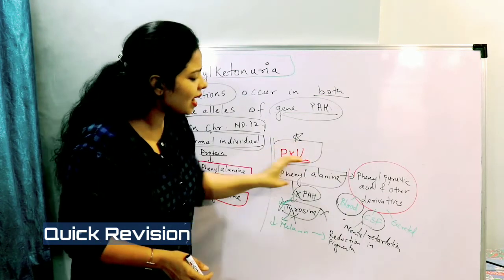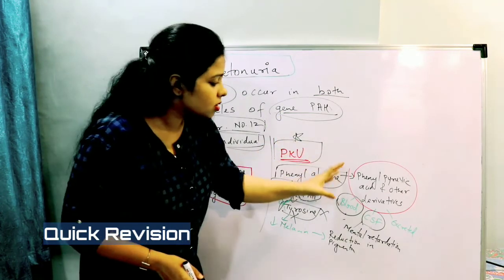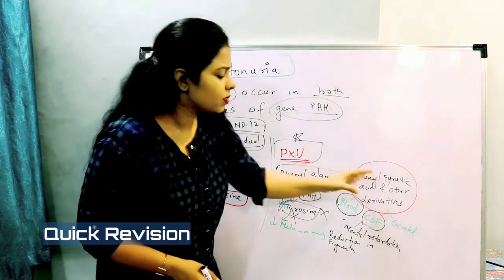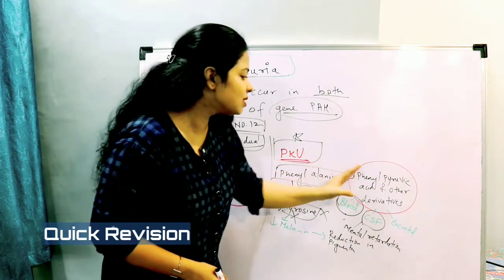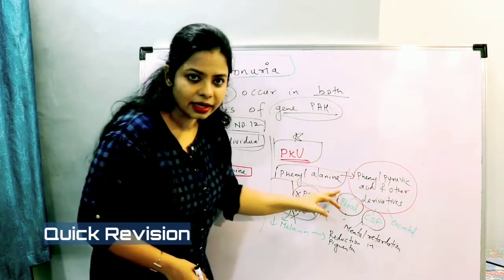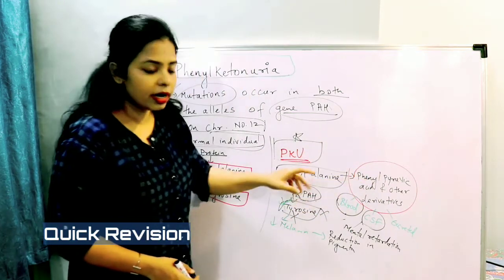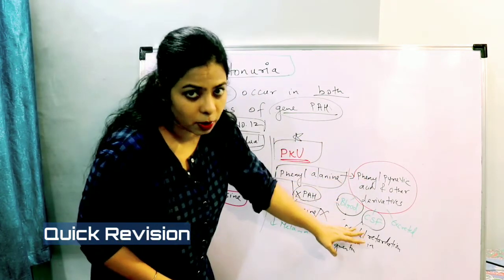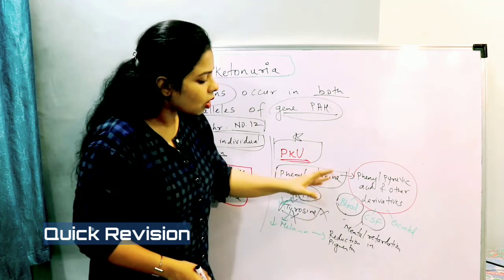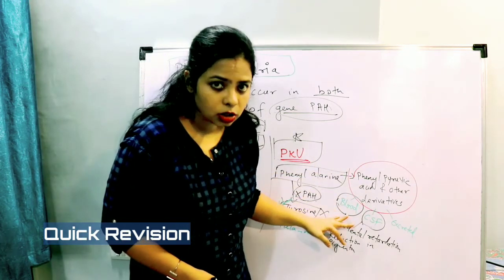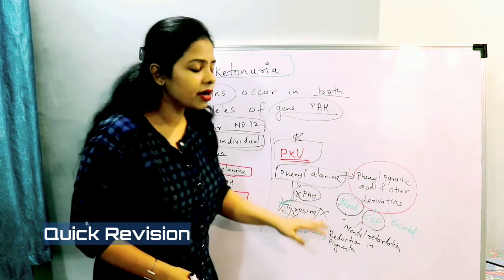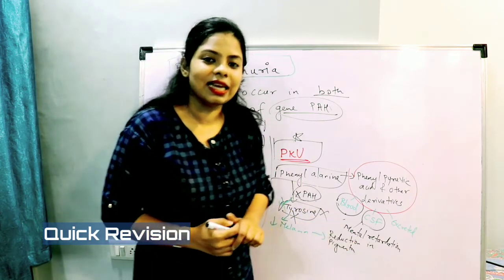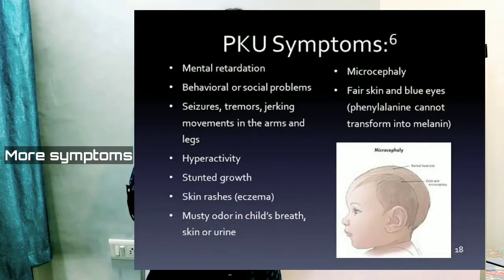Now phenylalanine accumulates in the form of derivatives as well as its original form. Its derivative, phenylpyruvic acid, and other derivatives accumulate in blood and cerebrospinal fluid of the brain. It causes mental retardation as well as a reduction in pigmentation in both skin and hair. I hope you guys have understood everything related to phenylketonuria.